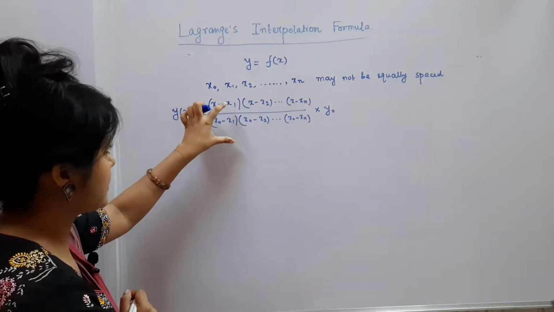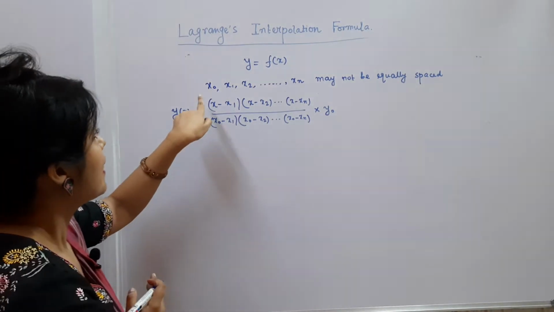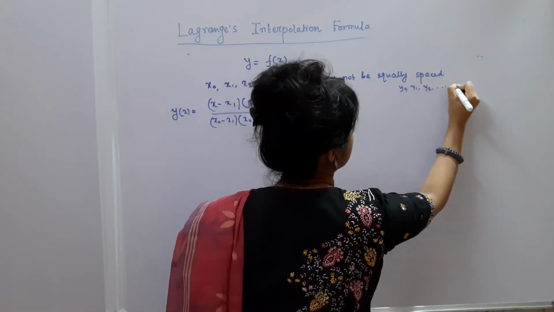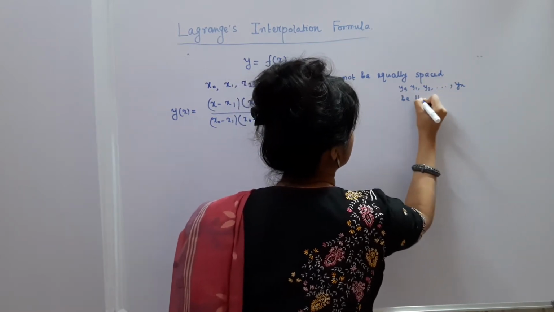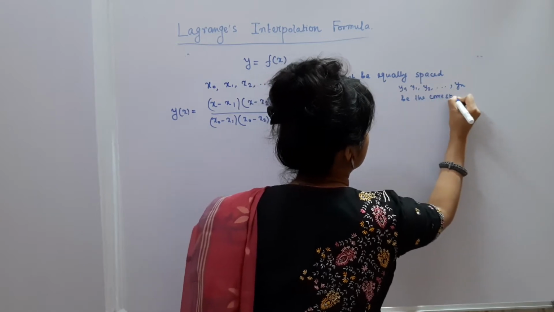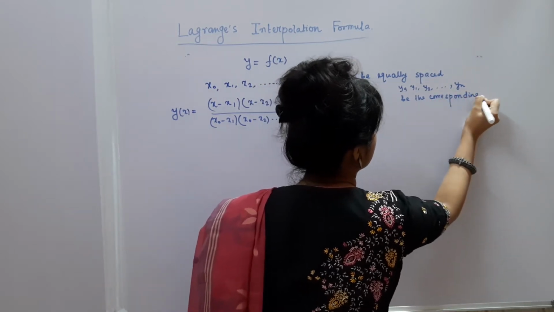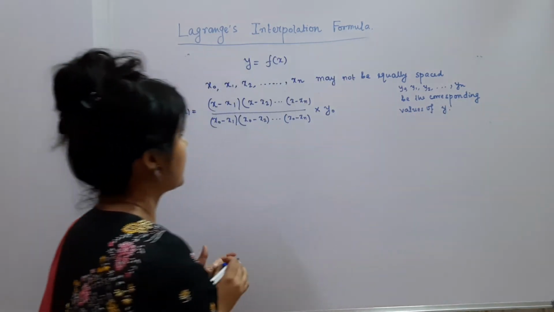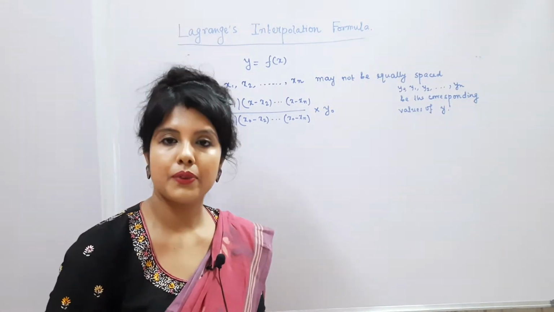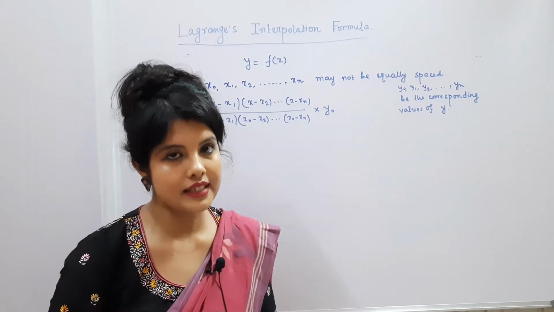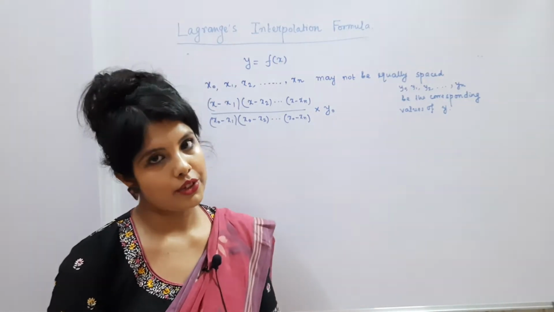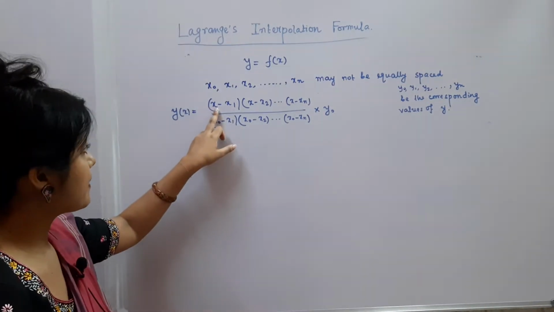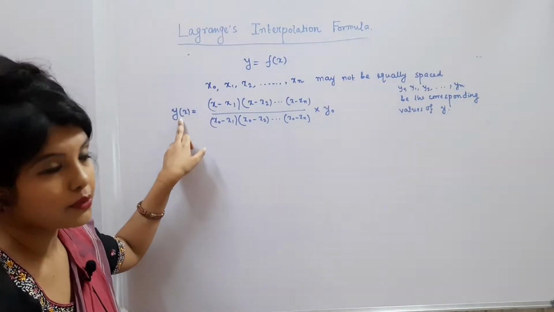That is the first term of the total formula, where x0, x1, x2 up to xn are the values of the independent variable x, and y0, y1, y2 up to yn are the corresponding values of y. Here x is the value of x for which y is to be estimated.